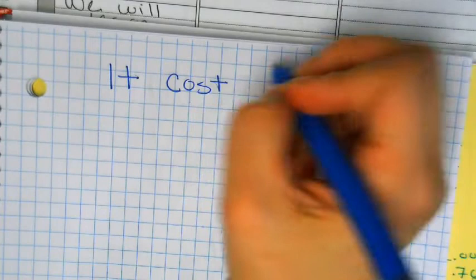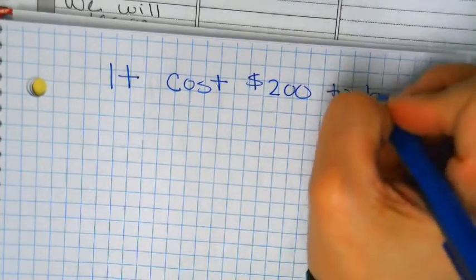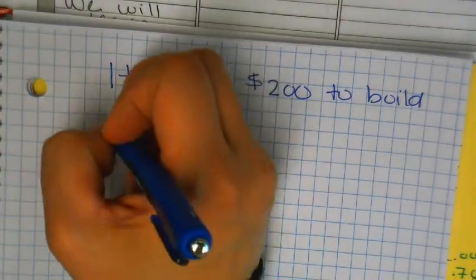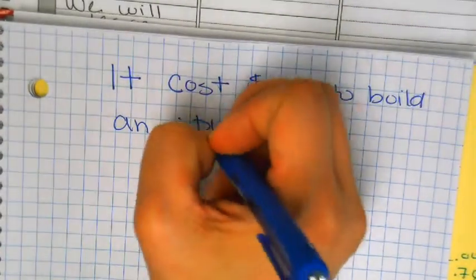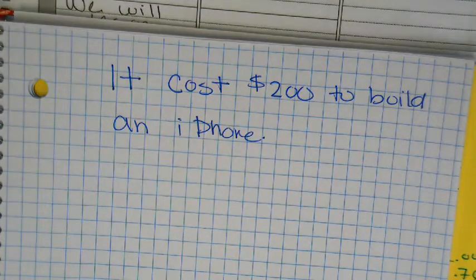It costs, let's pretend, $200 to build, manufacture, create an iPhone. Let's say, the technology, the flashlight, the cameras, the crystal, all the technology that's inside. I don't know if you've ever opened an iPhone, but there's a lot of wires and stuff inside, right?